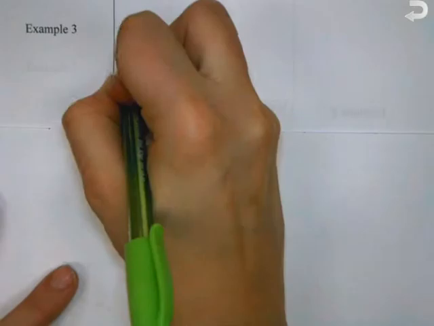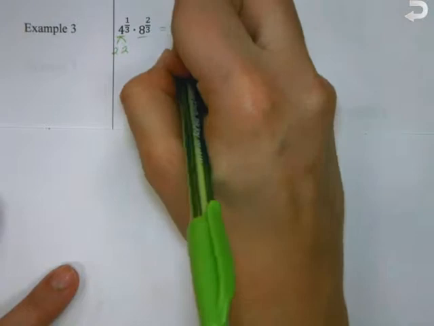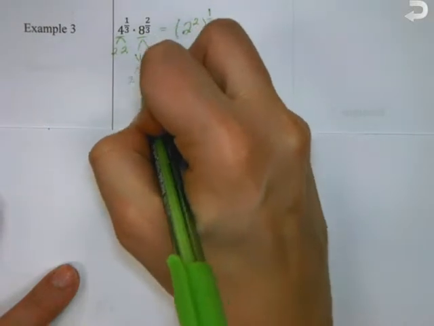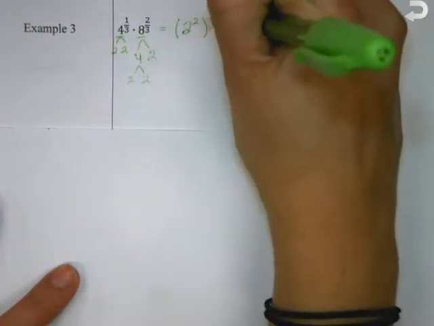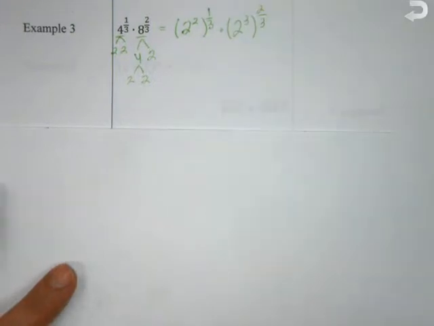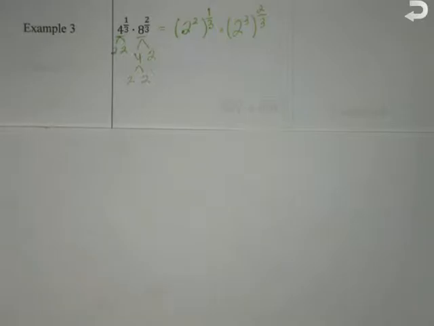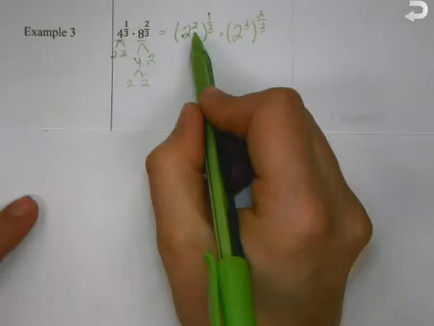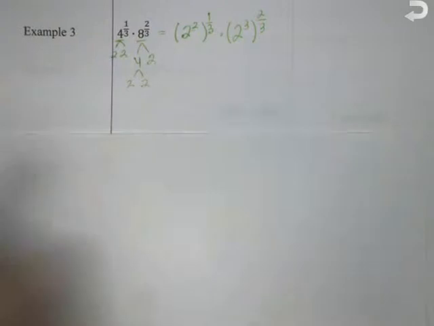So that is, in parentheses, 2 to the second to the 1/3. And 8 is 2 to the third. So times, in parentheses, 2 to the third, all of that to the 2/3. So before we can combine the bases, with our exponents here, a power to a power means that I do what with the exponents?